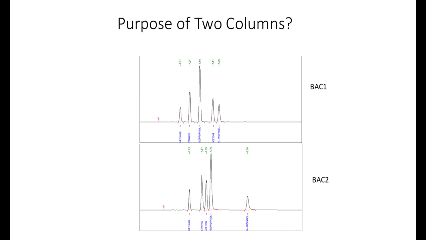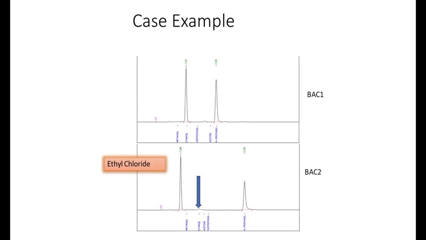This is an example of a 2-column method. As you can see here, methanol, ethanol, and other volatiles elute in a certain order on the first column, but on the second column, they elute in a different order. So you have a switching of ethanol and acetone in the second column.